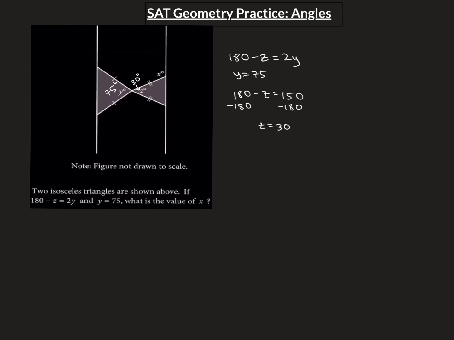Because this is an isosceles triangle, both this angle and this angle will be equal. And because they're equal, and we know the sum of all the angles in this triangle, we are able to solve for both.